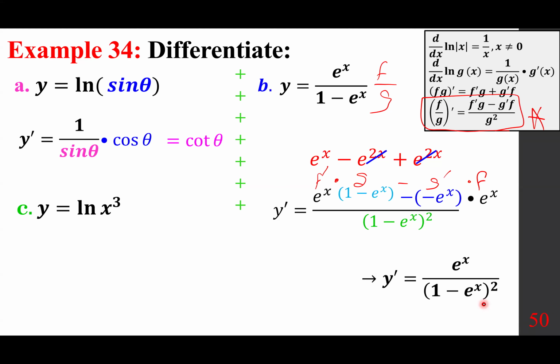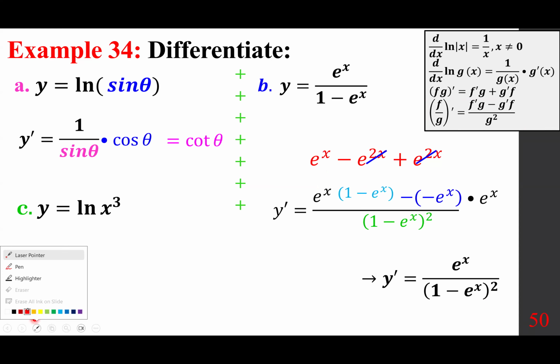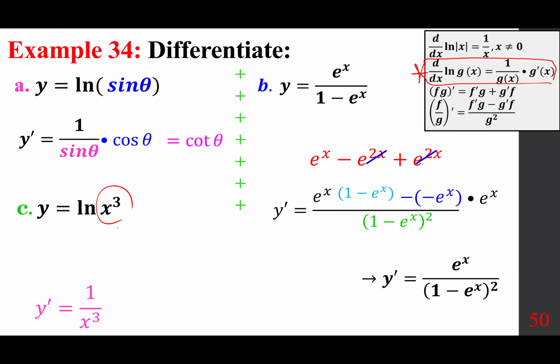So if we want to just, let me erase my work first. So if we want to stick with that, flip it over, 1 over x cubed, times its derivative, g prime of x, 3x squared. And the final answer is 3 over x.